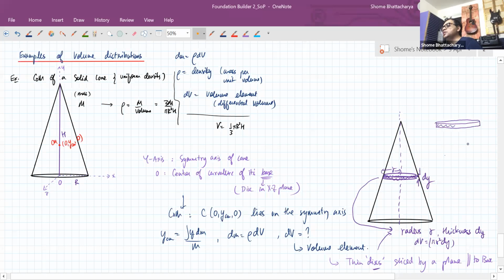But actually, the disc is more like this. It's got a slanted side. But the slanted side can be ignored as long as the thickness is very less. This thickness is dy and this radius is r. So we are almost treating it like this one above. We're ignoring the slight slant on the side.